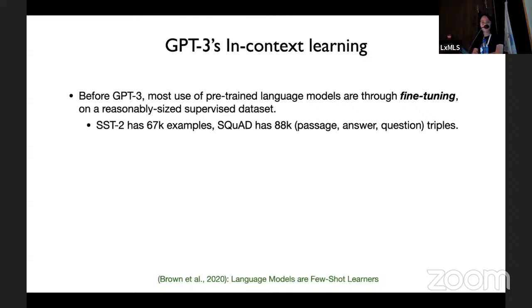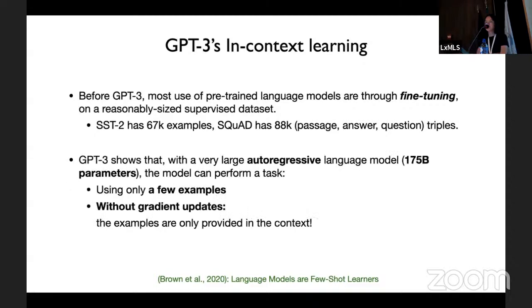Okay, so GPT-3 in-context learning. Before GPT-3, people always did fine-tuning, as I already mentioned. People still fine-tune these models using pretty large supervised datasets. They use 67,000 examples for fine-tuning on the sentiment analysis task, and 88,000 passage-question-answer triples to fine-tune on the question answering task.